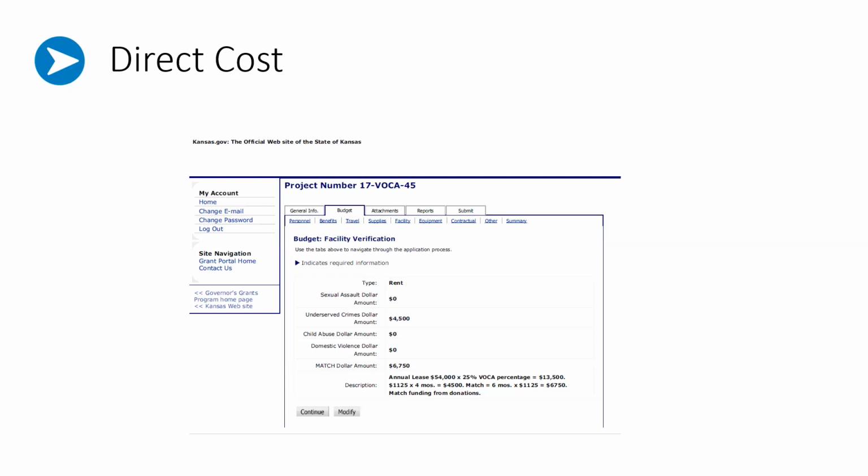So they had to actually document how many square feet the VOCA staff were going to occupy in the building. So sometimes some grants get really detailed about how they want you to calculate these dollars. So they split it in order to get some of the match that they needed because they were going to pay this rent, whether VOCA was there or not.